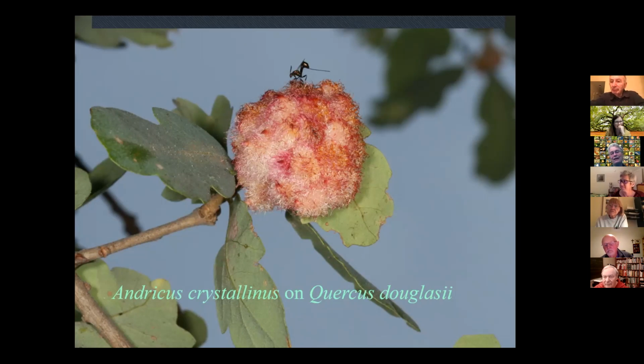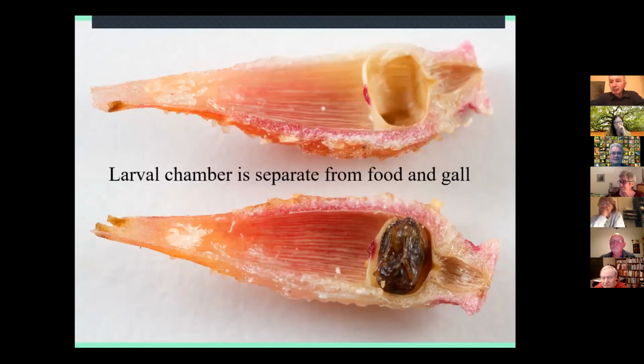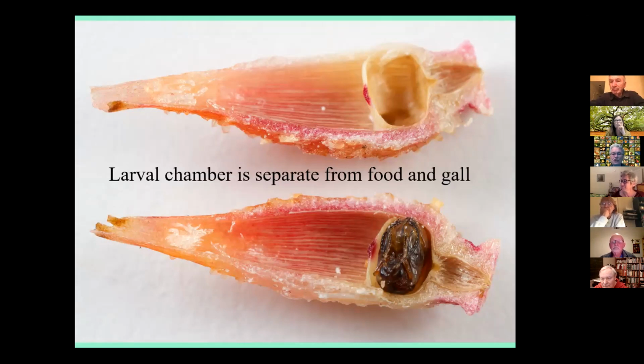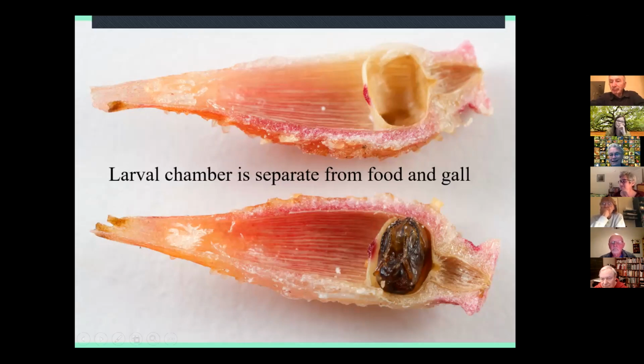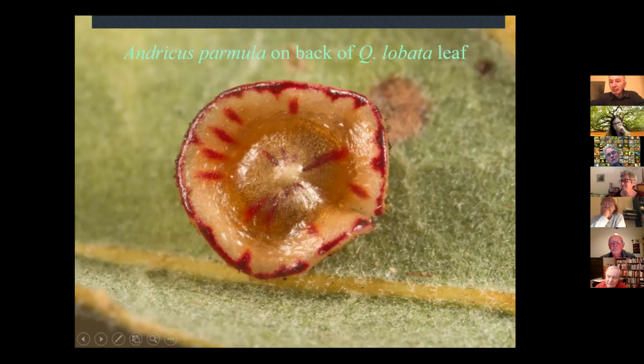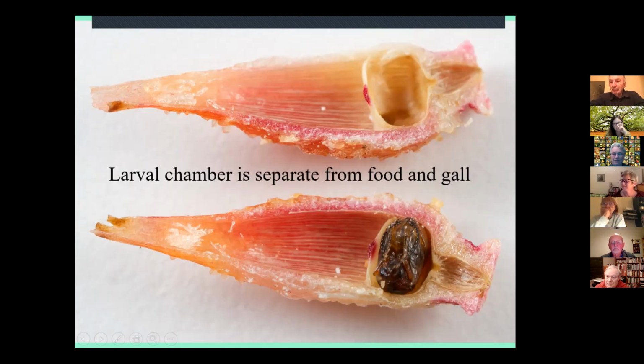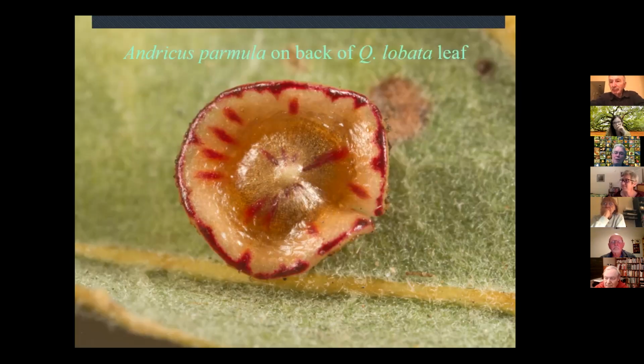There are actually several separate little chambers on each one, as you'll see. And Joyce has taken a single chamber here and dissected it. And here we see the overwintering adult wasp, waiting for spring. Okay, here is Andricus parmula.